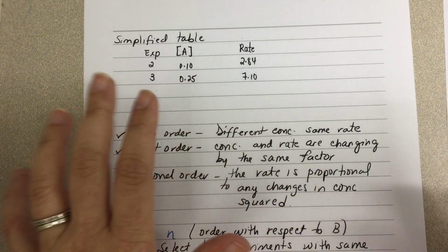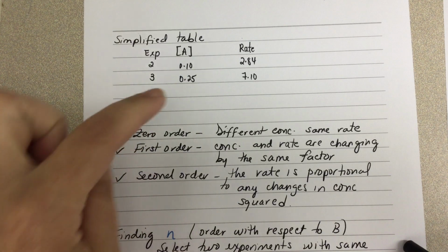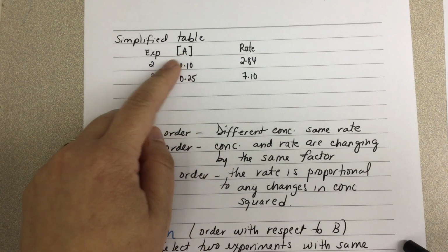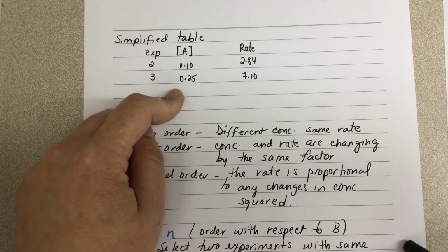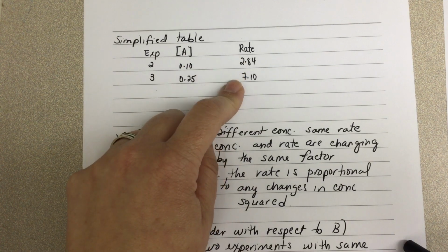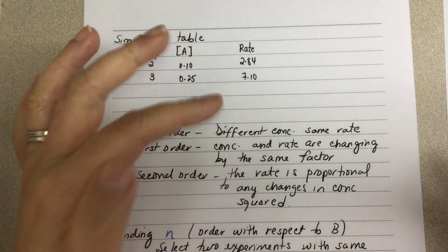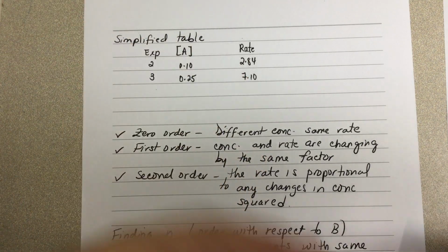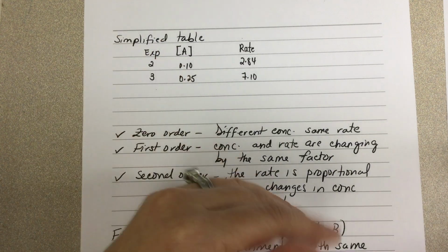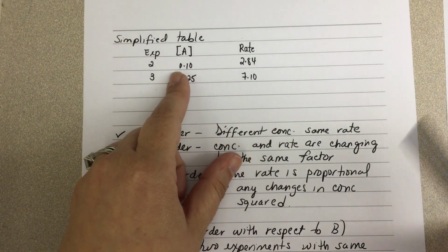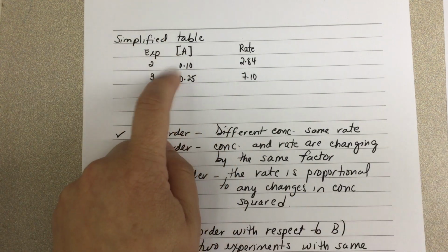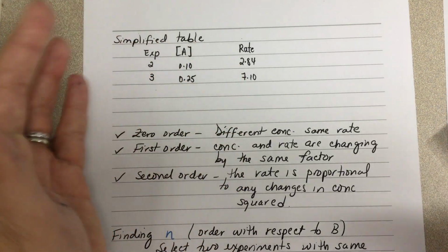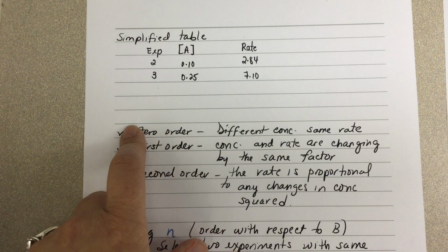For a zero order, you're going to have different concentration of A, but the same rate. That's how we define a zero order. You have different concentration, but the rate is not changing because it's independent of the concentration. Here you have different concentration, but the rate is also different, so it's not going to be a zero order.